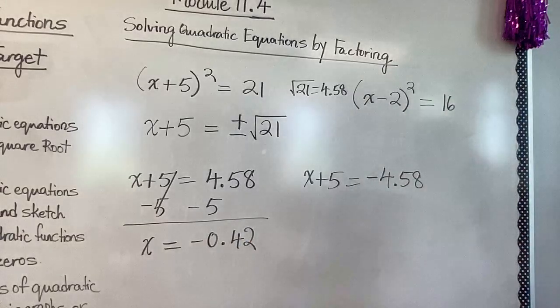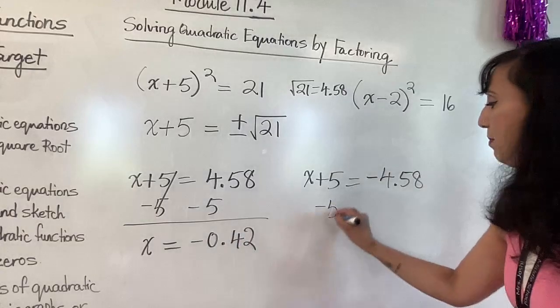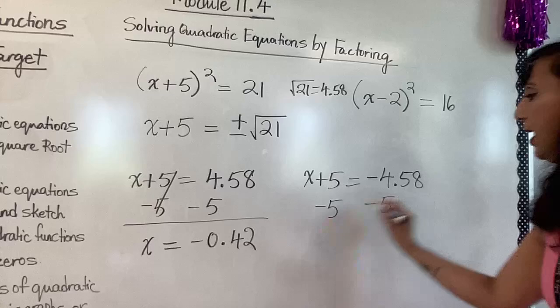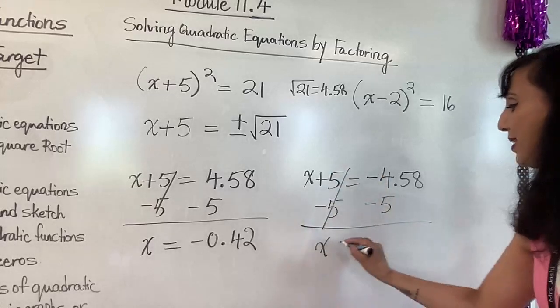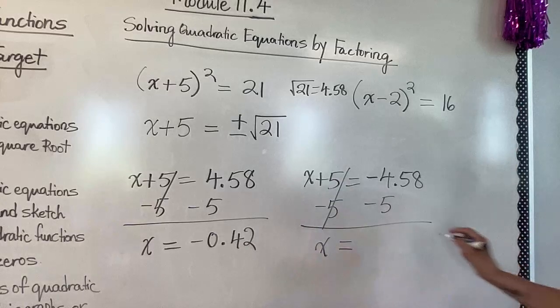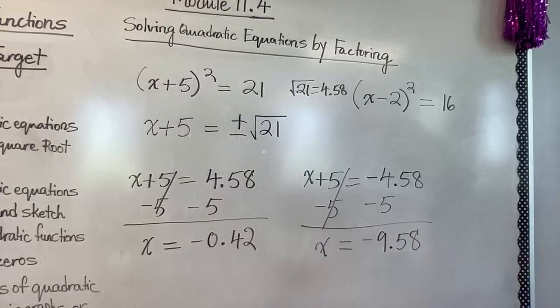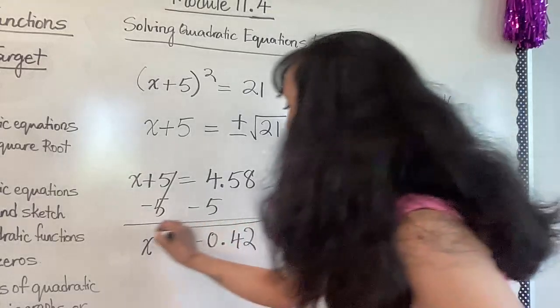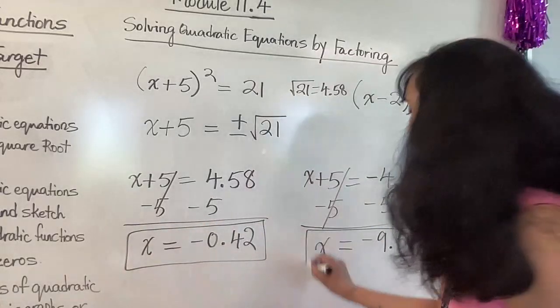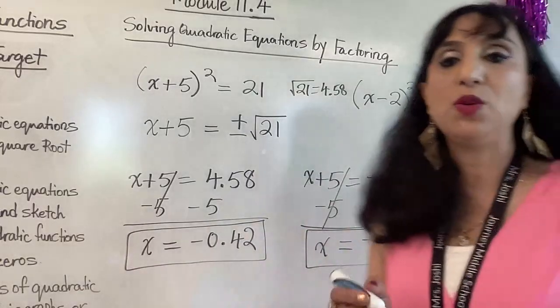In the other one, again I'm going to subtract, same thing, subtraction property of equality, and I end up with x is equal to negative 9.58. So each of these is a solution to this quadratic equation. Once again, I can see that my solutions are this and this.